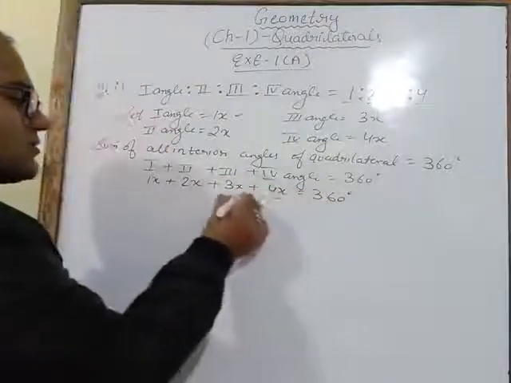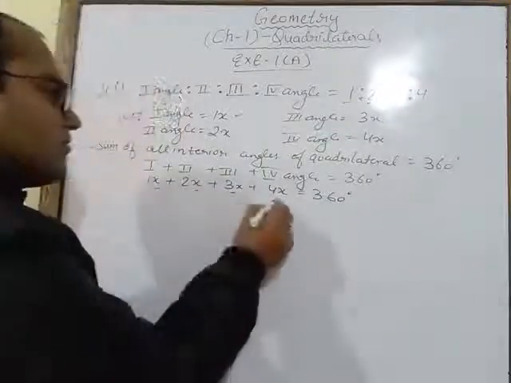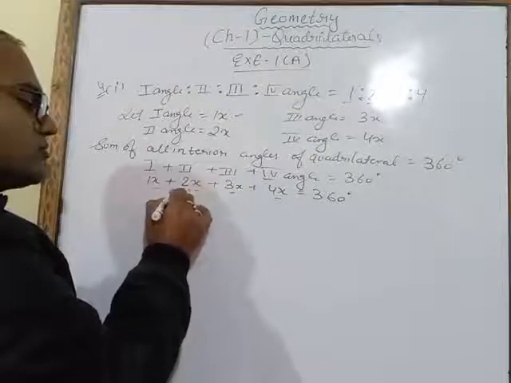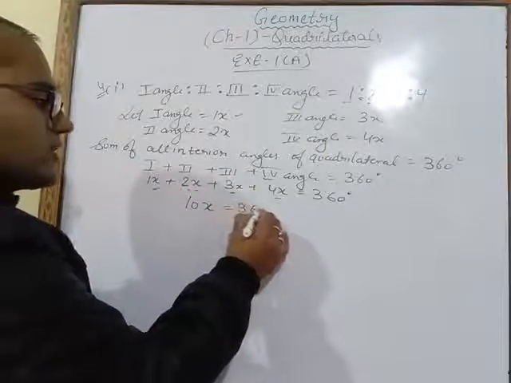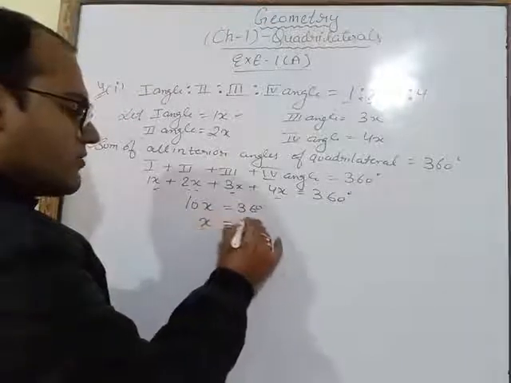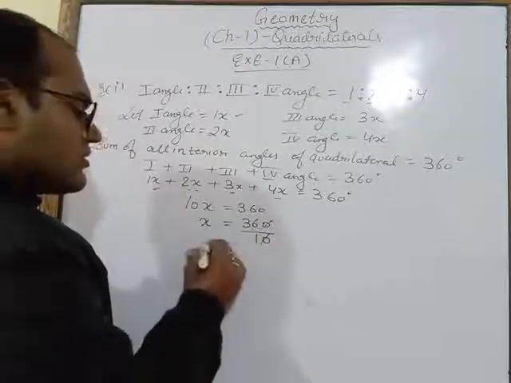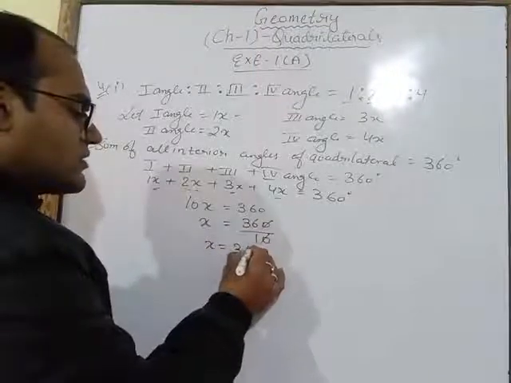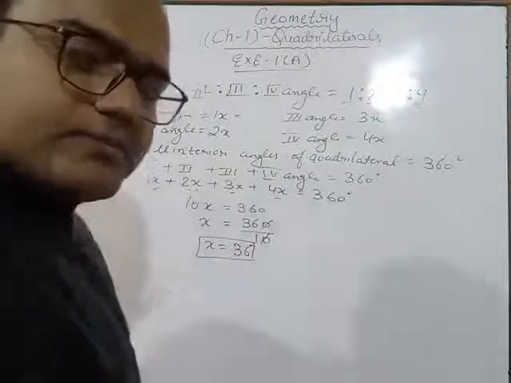All these terms have the variable x, so we can add them: 4 plus 3 is 7, 7 plus 2 is 9, plus 1 is 10x. 10x is equal to 360. These two are in multiplication, so x will be 360 divided by 10. The 0 gets cancelled, so x is 36 degrees. So here we got the value of x.